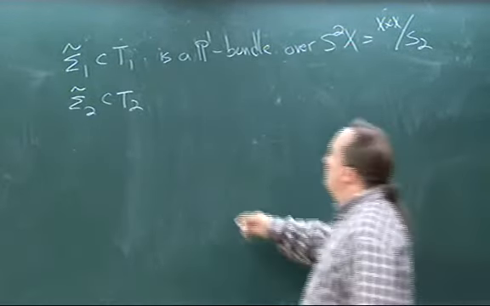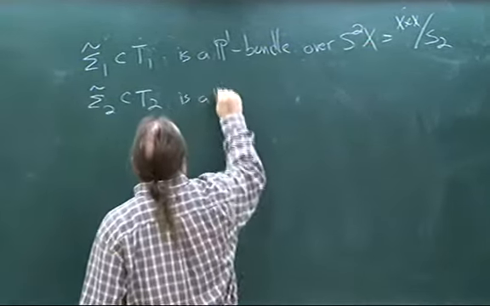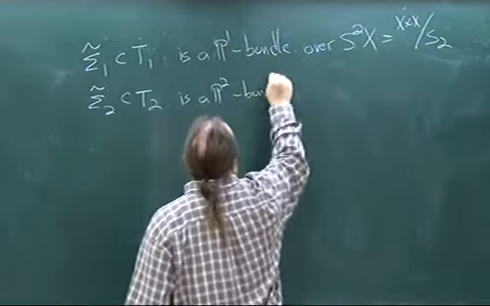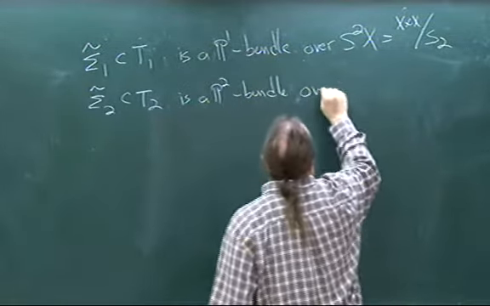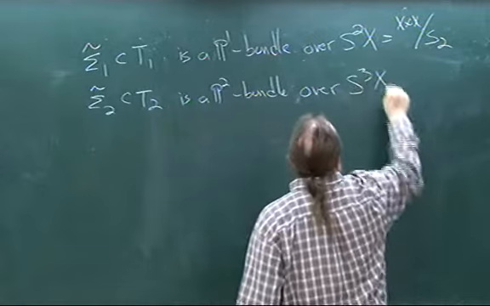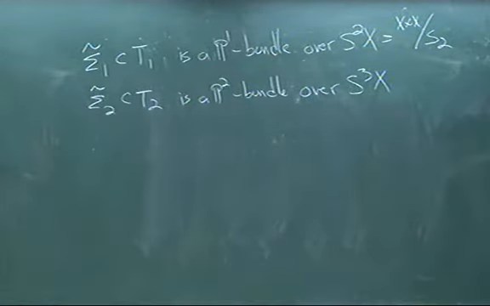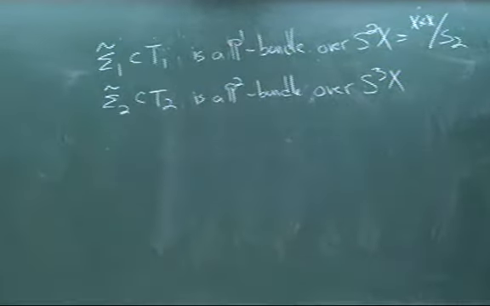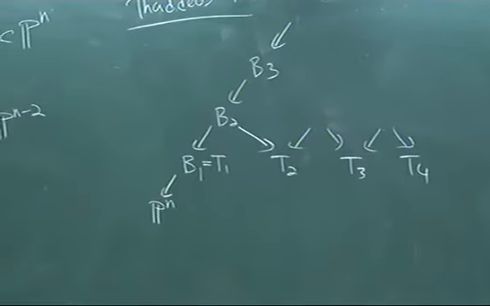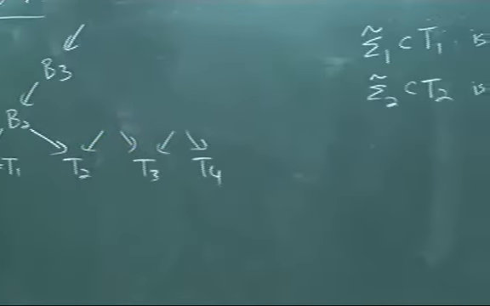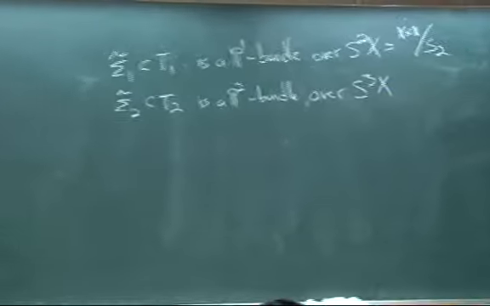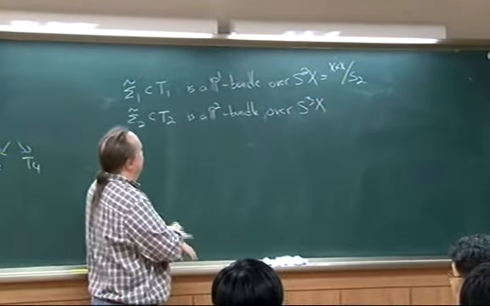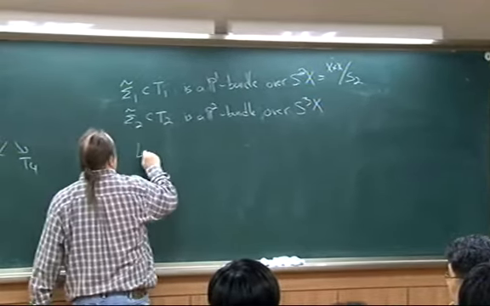This is a P2 bundle over S3x. And so on. You get your sigma 3 tilde, your sigma 4 tilde. What this tells us is that, so here's sort of lesson 2.